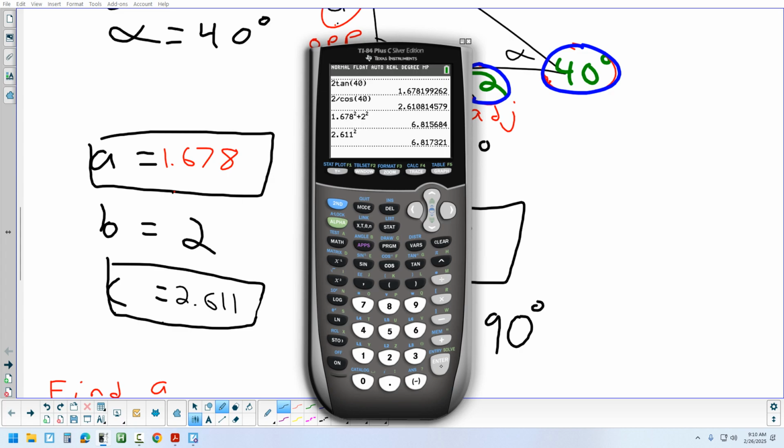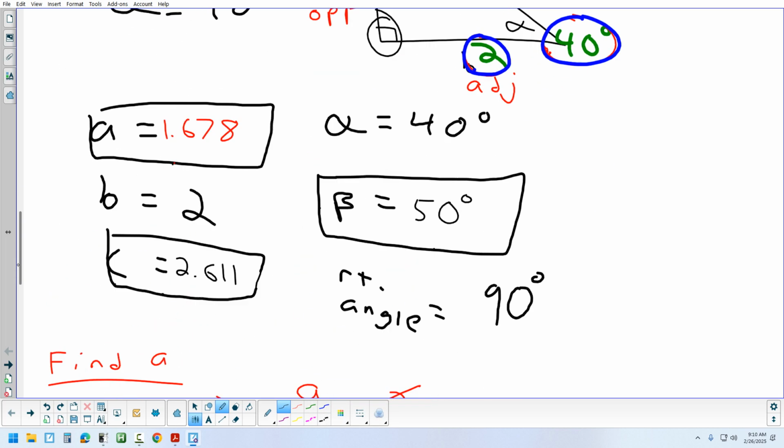Why is it, it's supposed to be equal. Because we rounded a and c. Right, we rounded to 3 decimal places, which is pretty good, but it really only comes out the same to the 2nd decimal place. But that does confirm that we did it right. Okay. Any questions on that one?